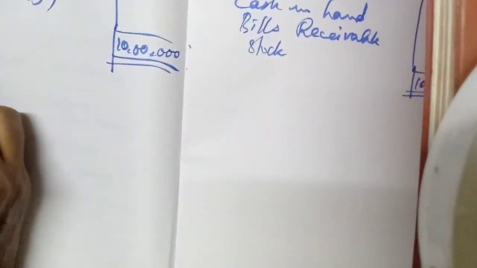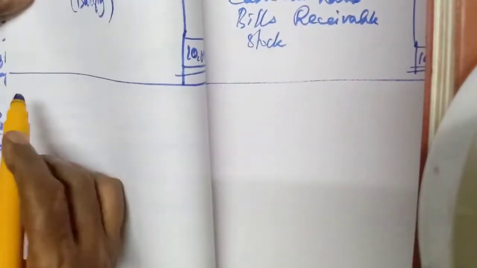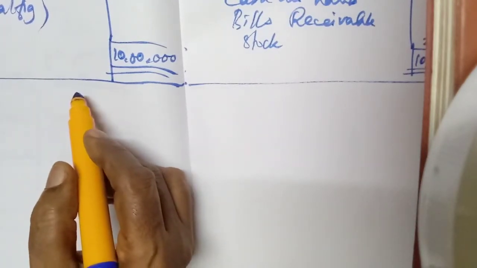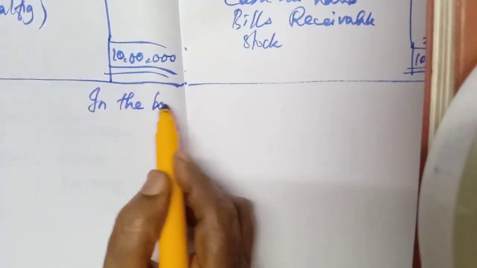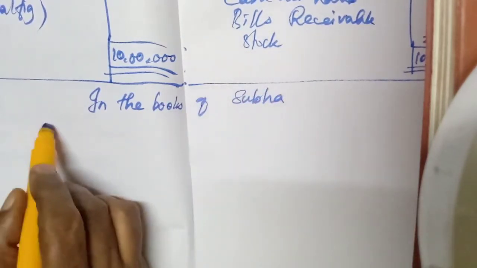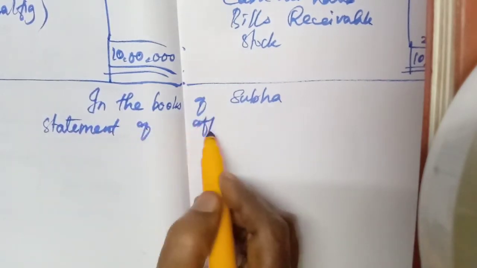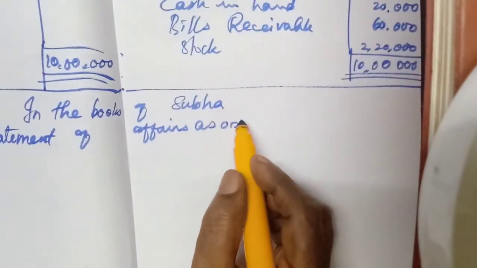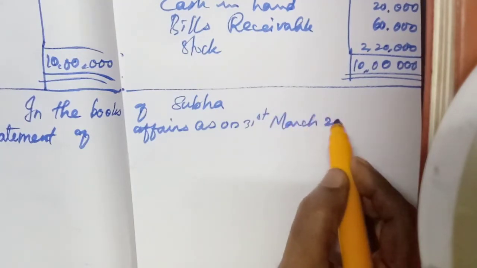First we should write the number of the problem. Okay, what is the number? 7. Okay, in the books of Subha. Then statement of affairs as on 31st March 2019.